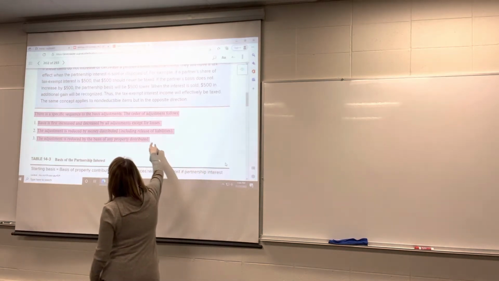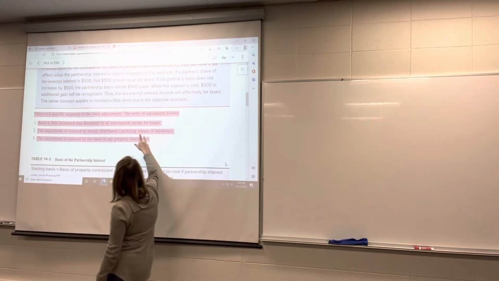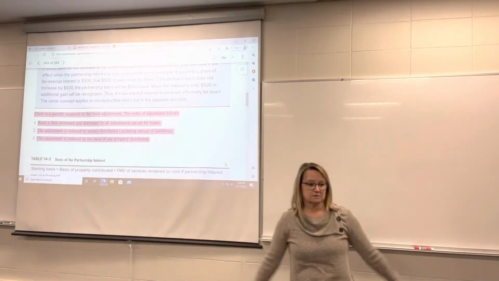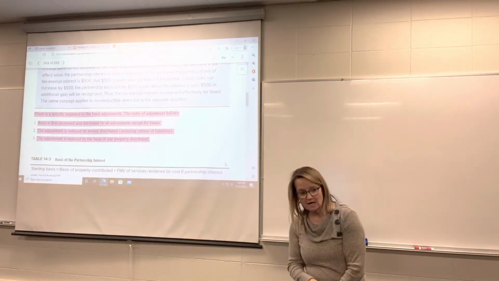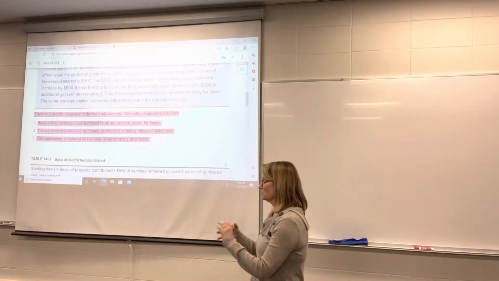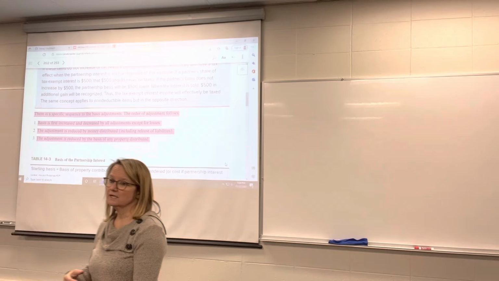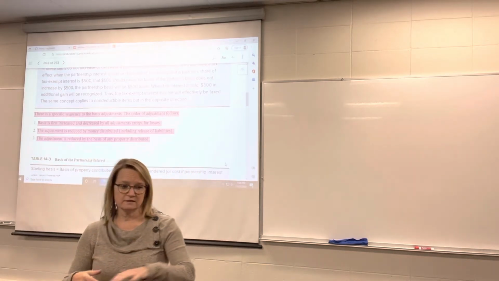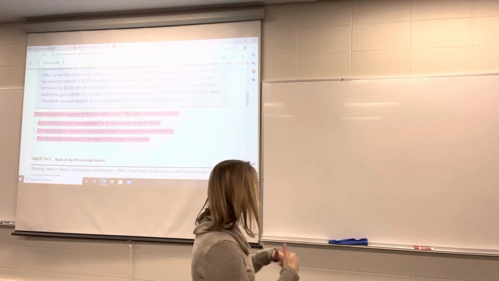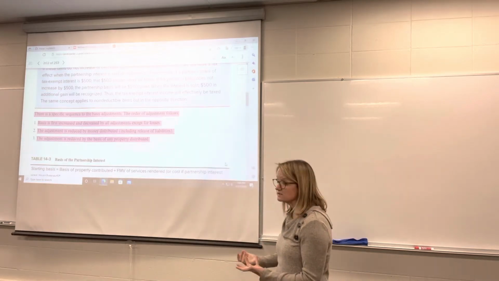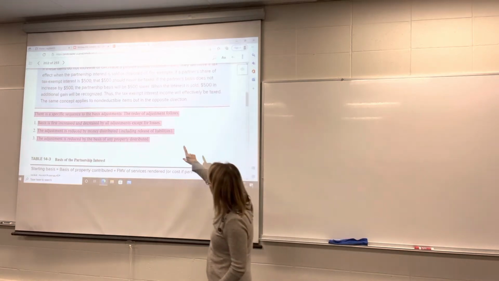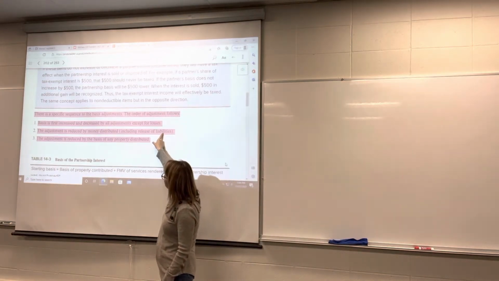First, we're going to increase or decrease basis by all adjustments except for losses. So everything except for losses: income, so ordinary income, capital gains, dividends, as well as any deductions, like section 179 expense, that sort of thing. So all adjustments except for losses.